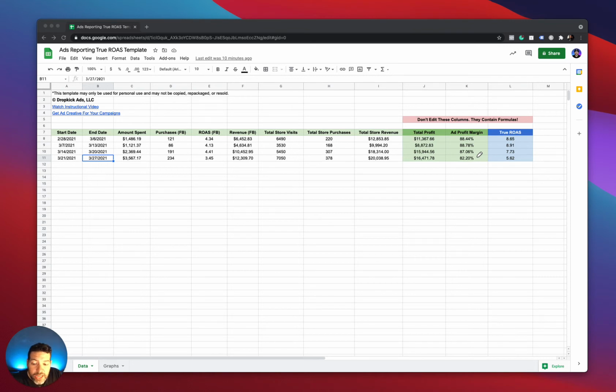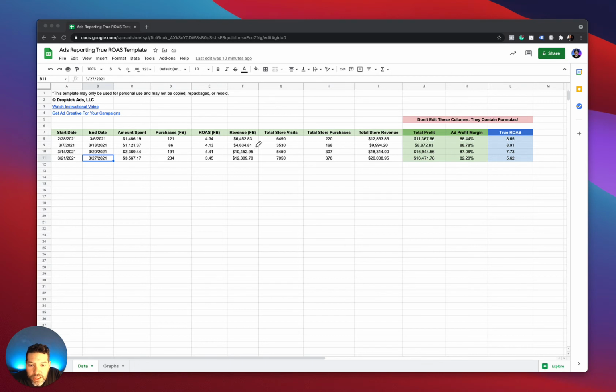So what you look at there is week to week, as you increase ad spend. As you see here, in these last 3 weeks, the ad spend was increased from $1,000 to $2,000 to $3,500, and you can see the purchases increase.